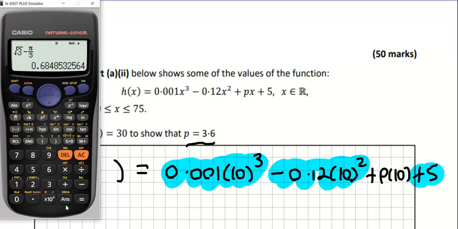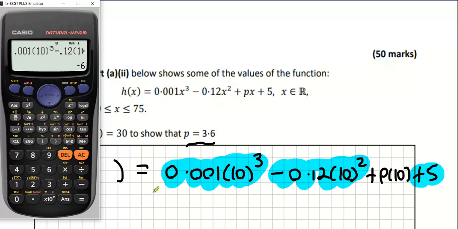Okay, so I'm going to get 0.001 times 10 cubed minus 0.12 times 10 squared, and then plus 5. And I get minus 6.